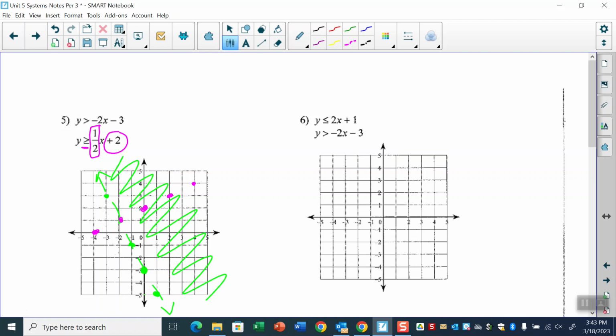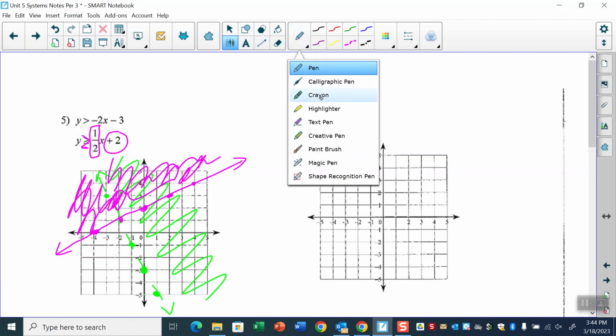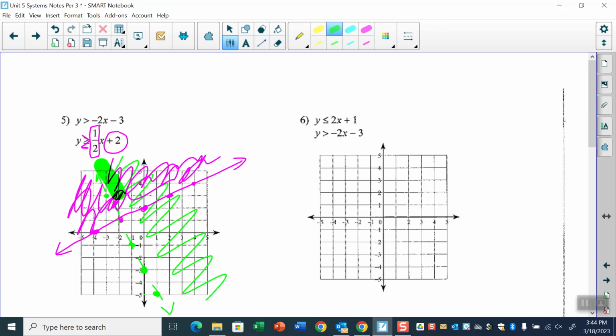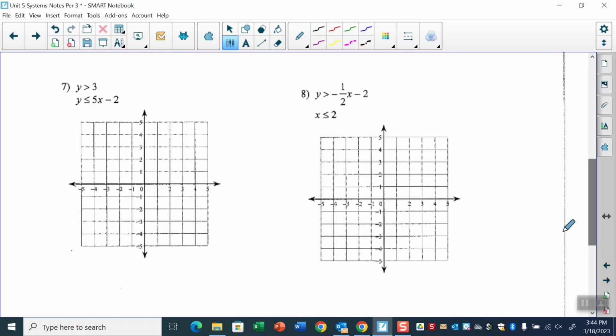And this does have a little equal sign there, so that's going to be solid. And it's greater than, so this one is also going to be shaded above. And then my solution is where those shadings overlap, where they were both shaded. So right in there. Okay, very good.